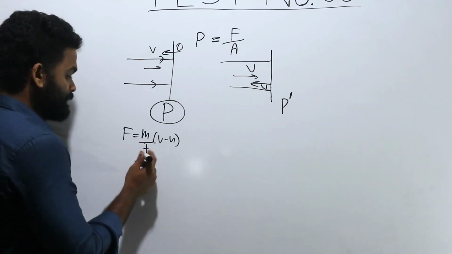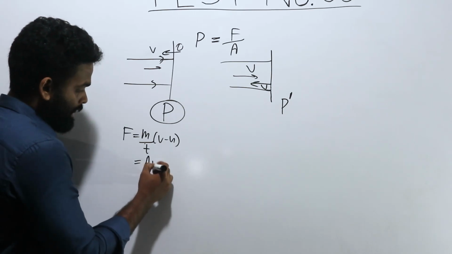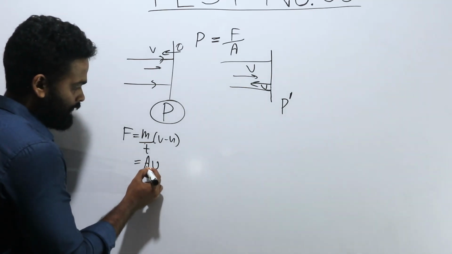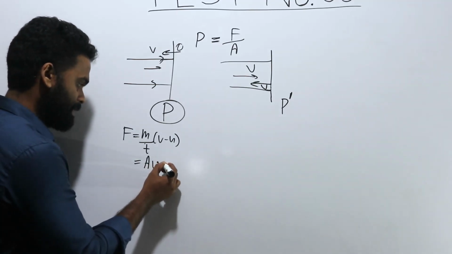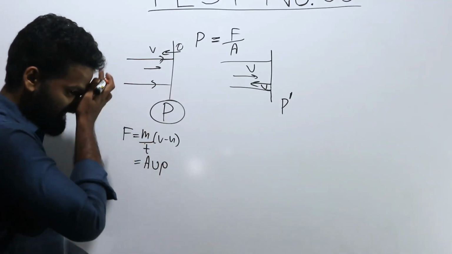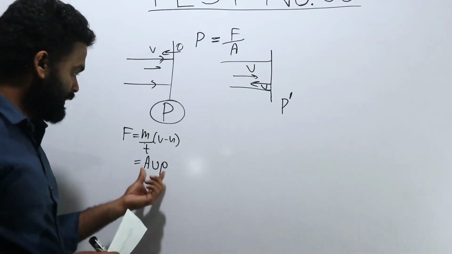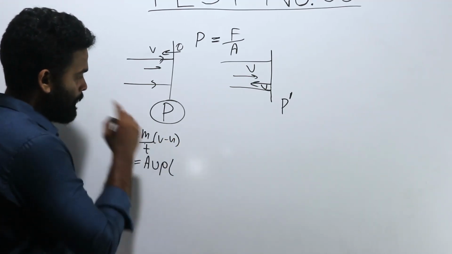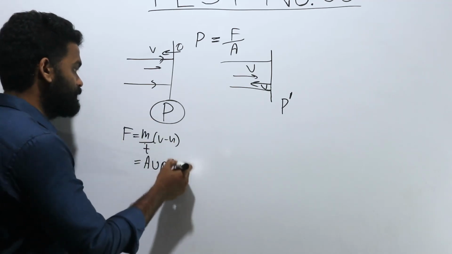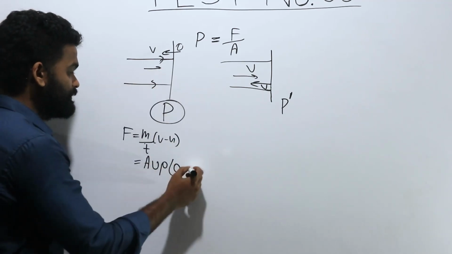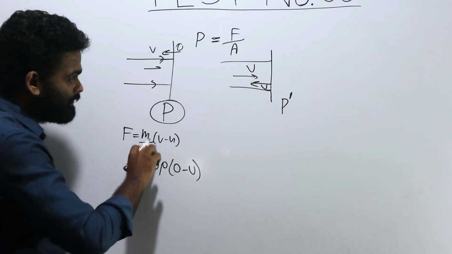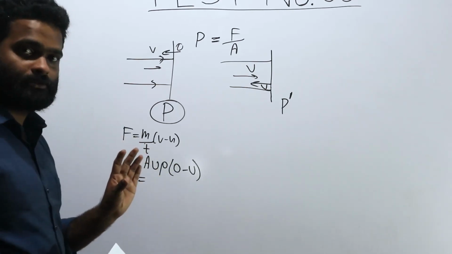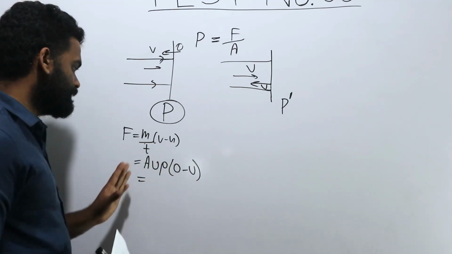For mass flow rate, A times velocity is the volume flow rate, and multiplying that by the density of the liquid gives the mass flow rate. V minus U: final velocity is 0, initially velocity is V. Since we only need magnitudes, I'll neglect the negative sign.